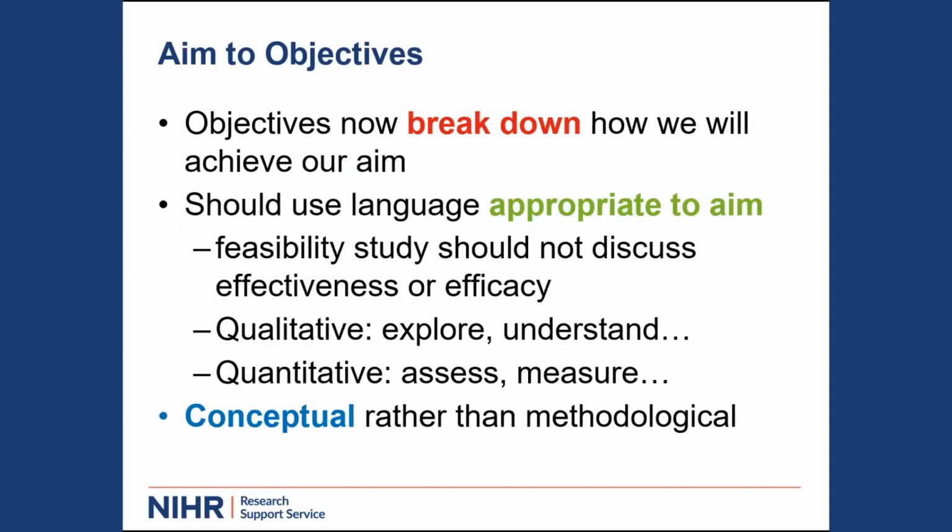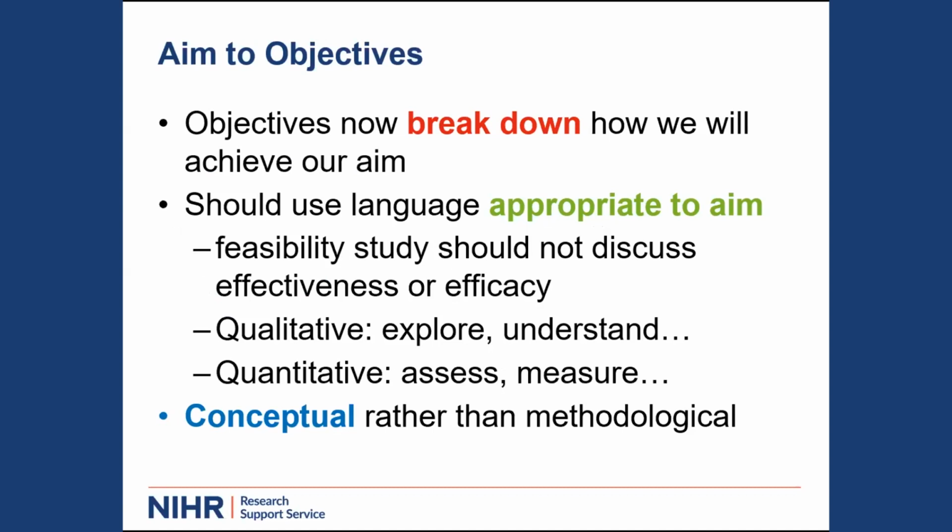So a bit more about aims going into objectives. Once you've got an aim or a research question, it's then breaking those down into objectives. They don't have to be a load of detail in an aim and objective. You need to have short sentences, and they don't need to go into depth around necessarily what the analysis is or the other details.